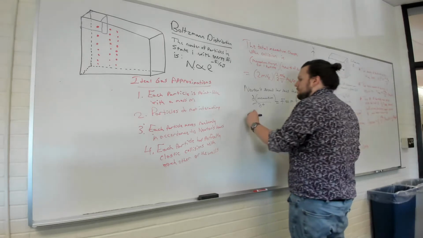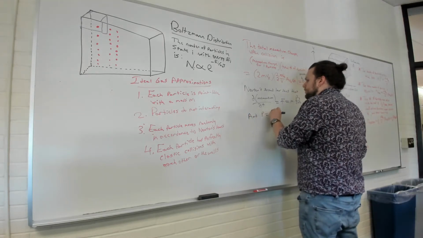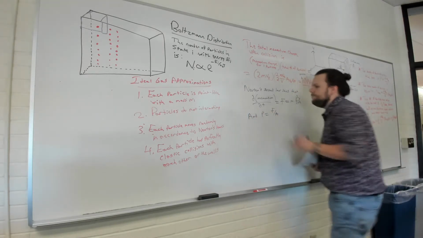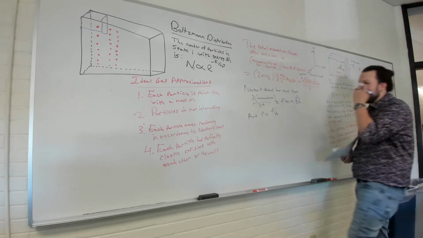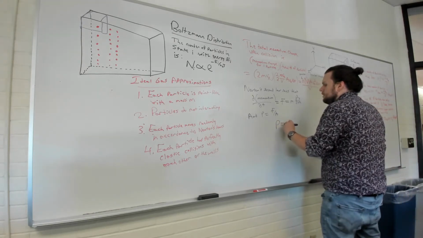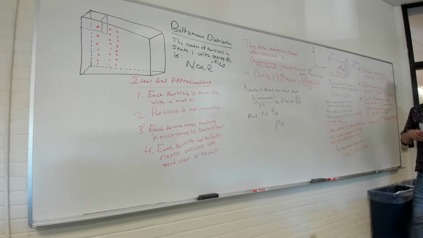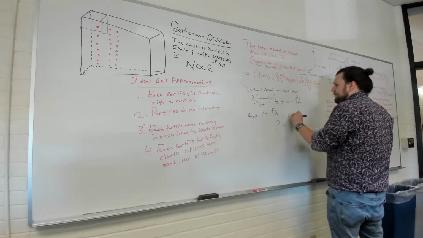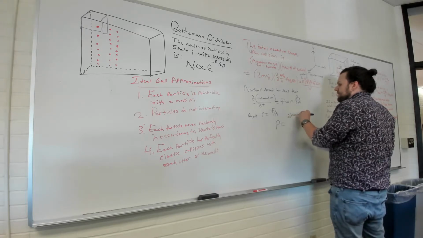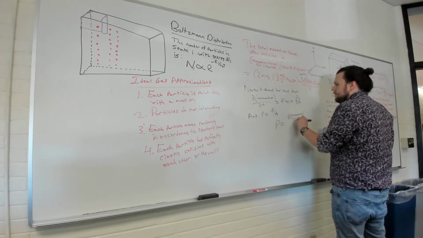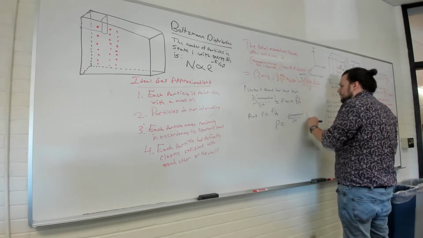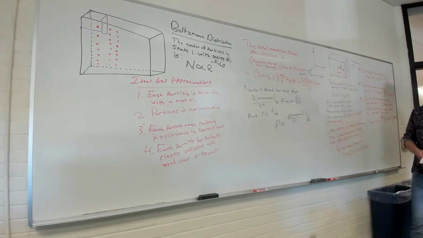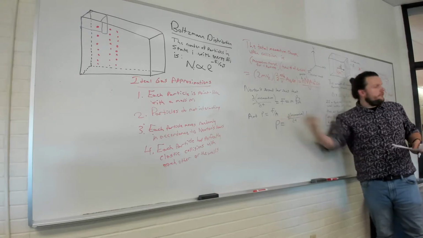And pressure is force over area. So that means the pressure being exerted against our wall is the time derivative, the change in momentum with respect to time, times 1 over the area, because this is the force, and it's force over area.